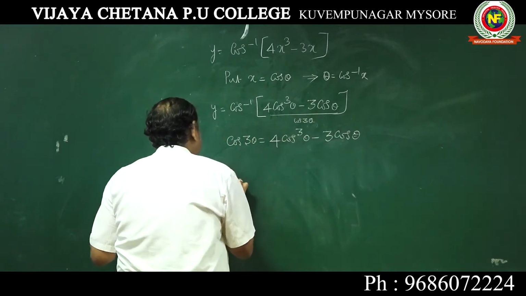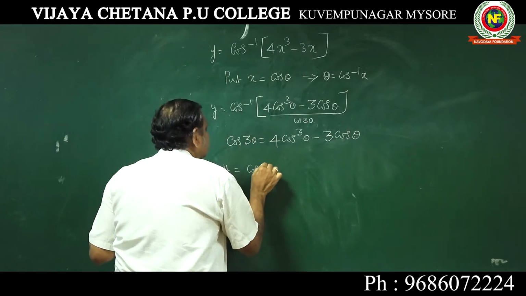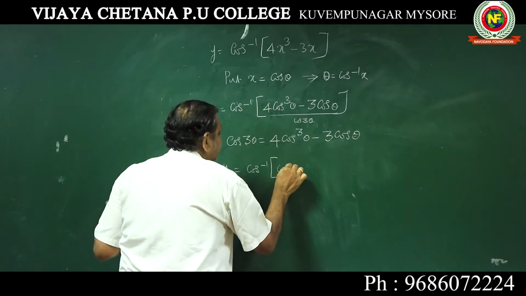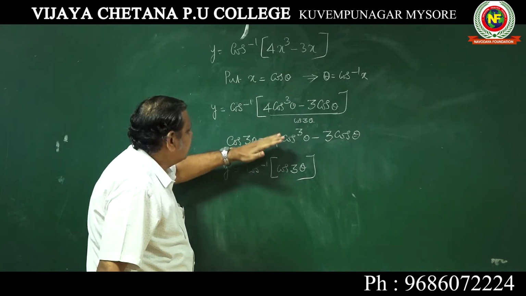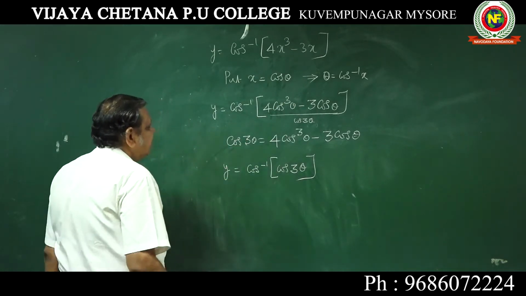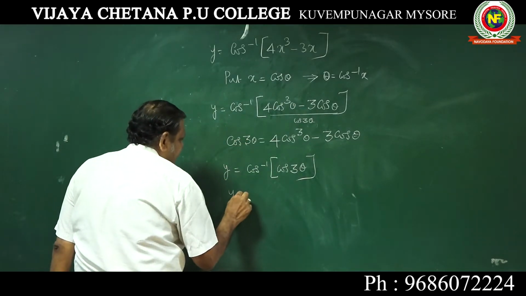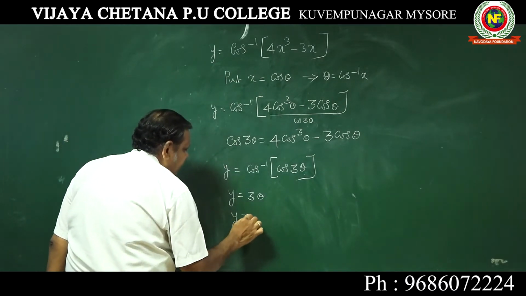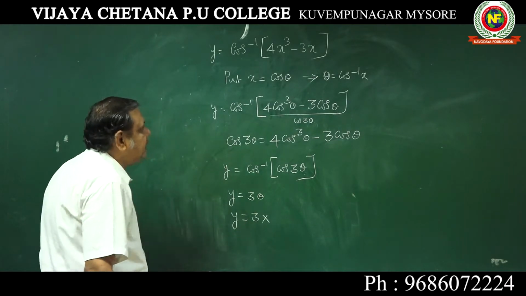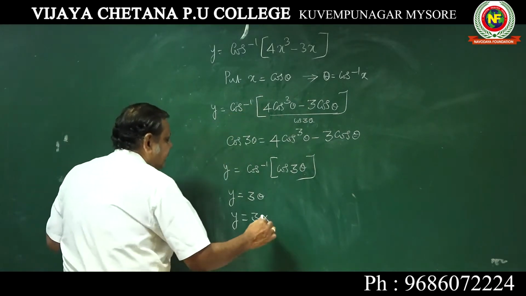So the next step will be y is equal to cos inverse of cos 3 theta. Understood? Cos inverse of cos x is x, that is, here it is 3 theta. Substitute back for theta: 3 into theta is cos inverse x.